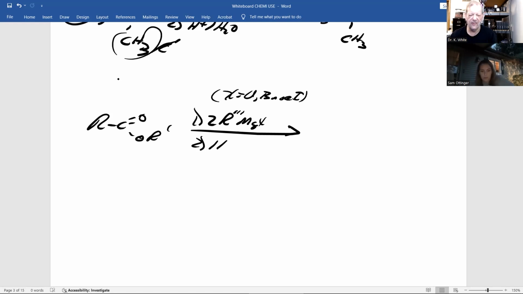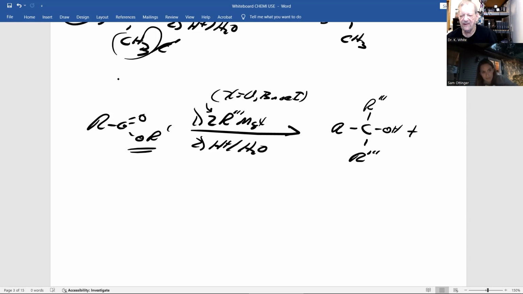Second step, acid and water. Keep your eye on the carbonyl carbon. What's attached to it, there's going to be an alcohol here. And then you get, because you have the 2, and this part right here becomes the second alcohol.